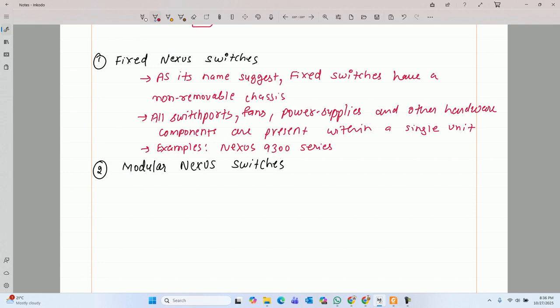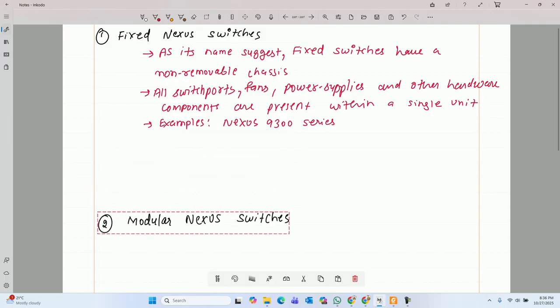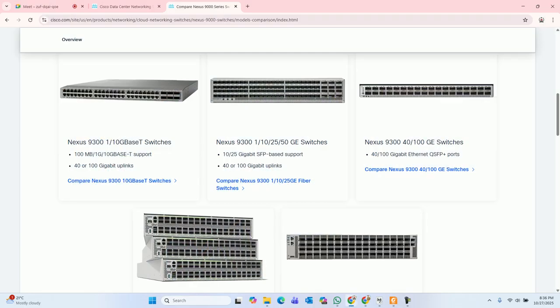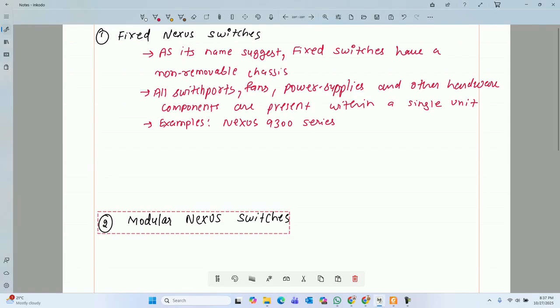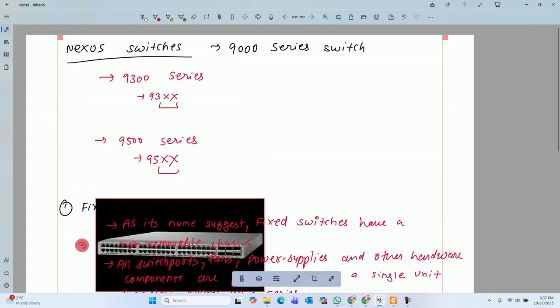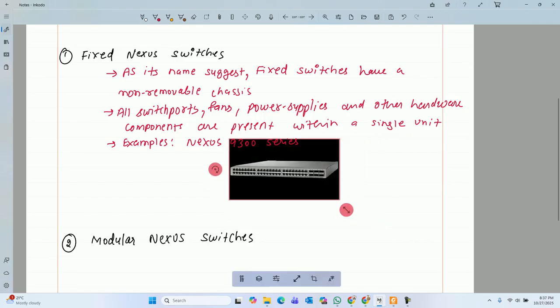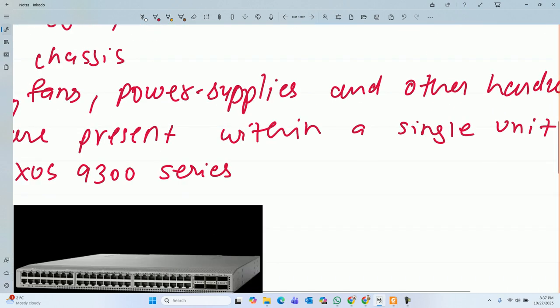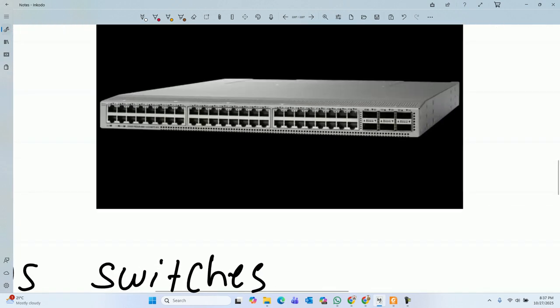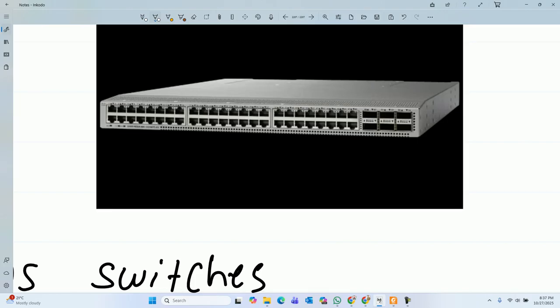So if you notice, here we have these switches. The number of interfaces will remain as it is, no changes in that. This is my Nexus 9300 series switch, and that's why we call it fixed. It is what it is, nothing can be removed or added.